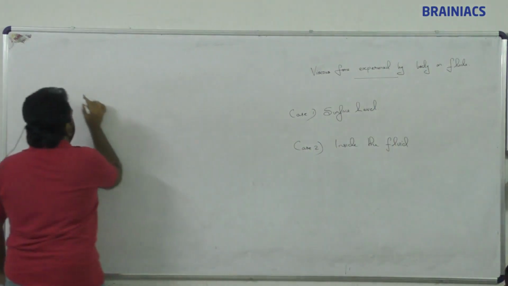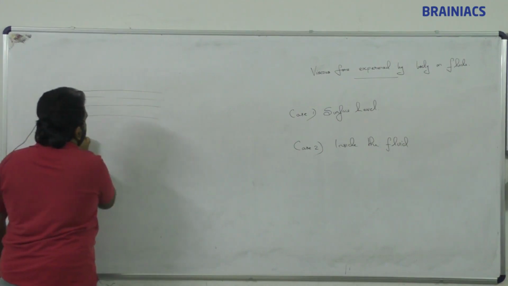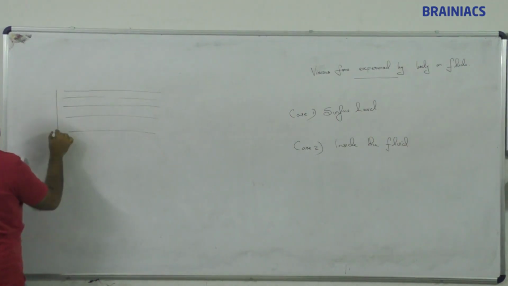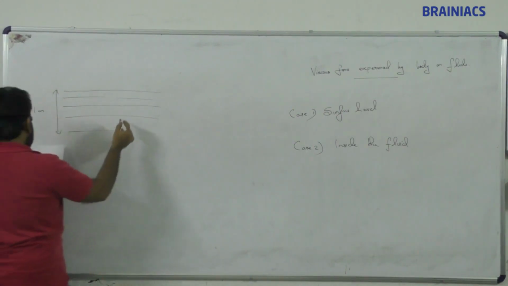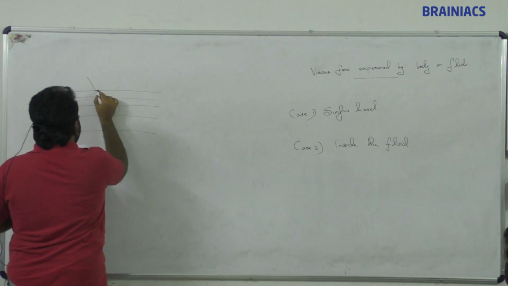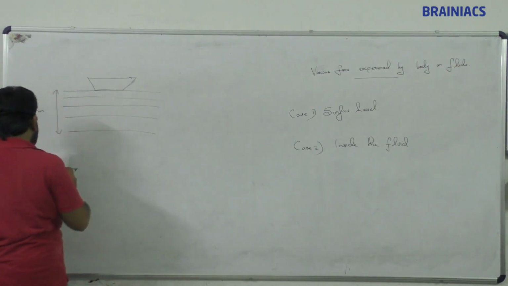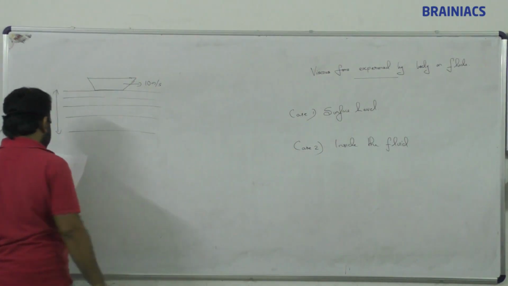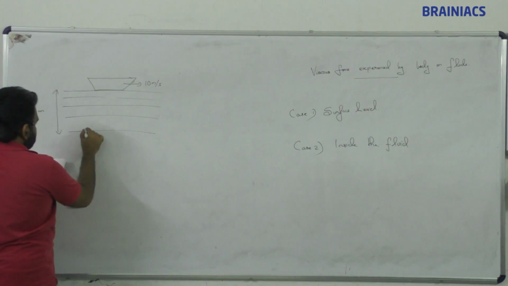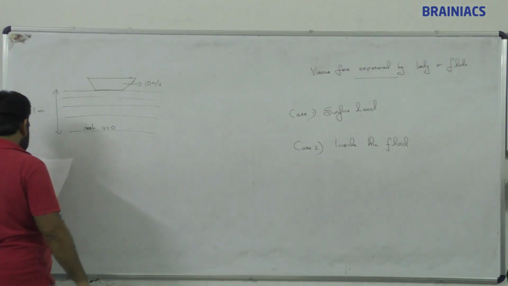Okay, see, a stream of water. Suppose its depth is 1 meter and something is going on it. This is moving at a velocity of 10 meter per second. And this river bed, the last layer, is at rest, V is equal to 0.